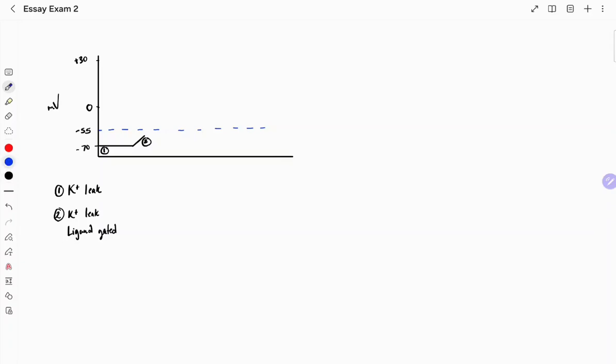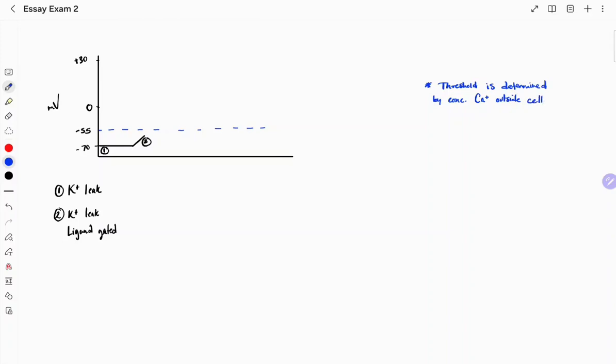Now, just a little side note, since we're on the topic of threshold, let me make a note over here. The threshold, like where that line falls, is going to be determined by the concentration of calcium outside of the cell.